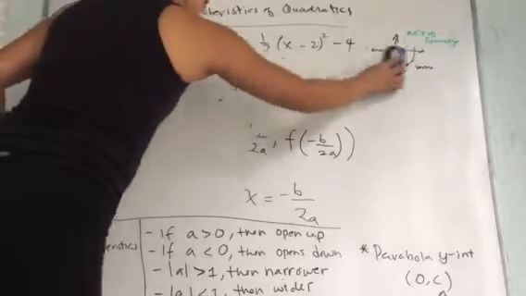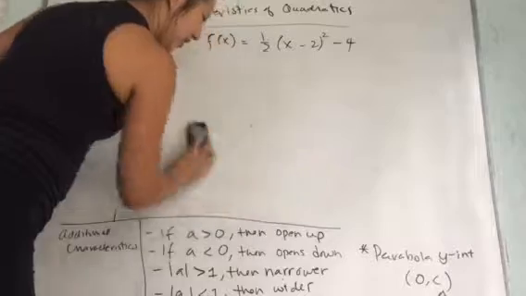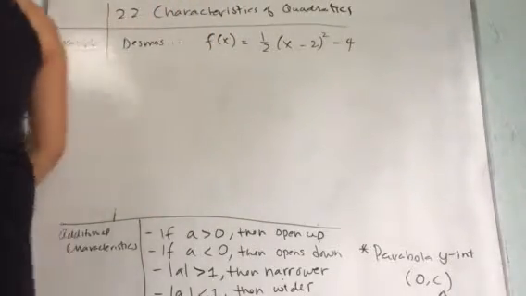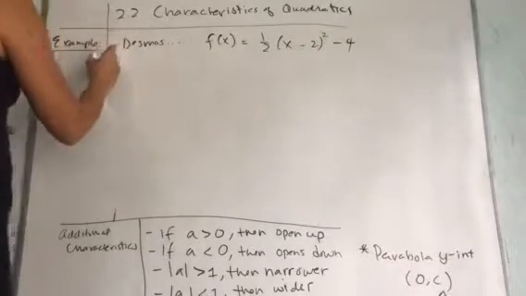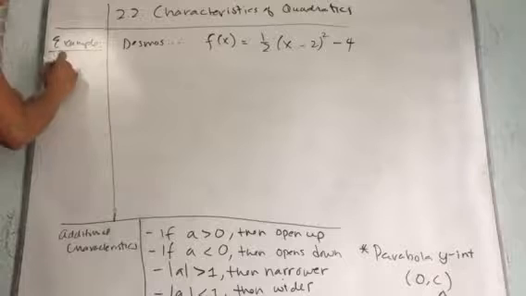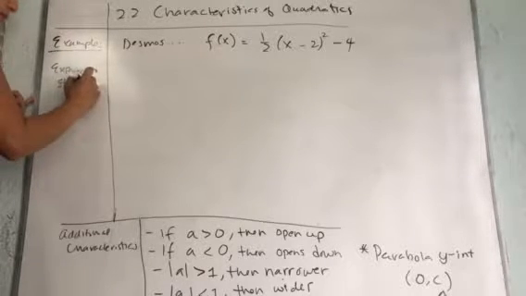I'm going to erase this, and just for fun, and because we should be critical about the math information that we receive, I'm going to take this example and expand it to standard form.